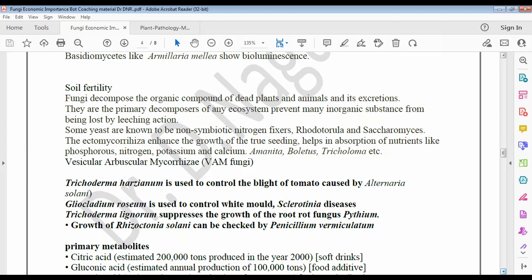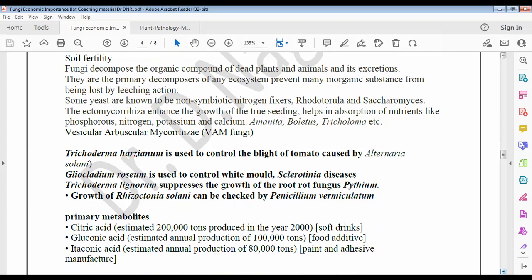These are all the mycorrhizas which absorb the nitrogen and phosphorus, nitrogen fixers and phosphate absorbers. You know the biopesticide, Trichoderma harzianum, we are using as a biopesticide. Fusarium, Trichoderma, these two we are using as biopesticides instead of chemical pesticides.